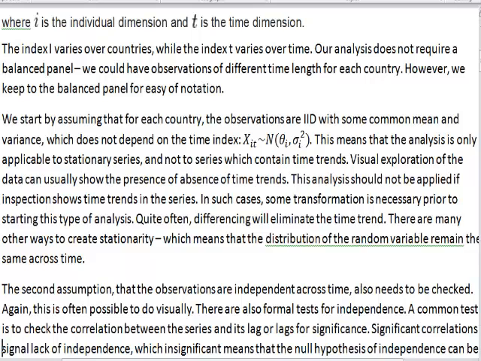So one assumption for the IID is that they are the same across time, and the second assumption is that they are independent. Again, there are visual checks for independence, which we will see how to do later. And there are also formal tests for independence.